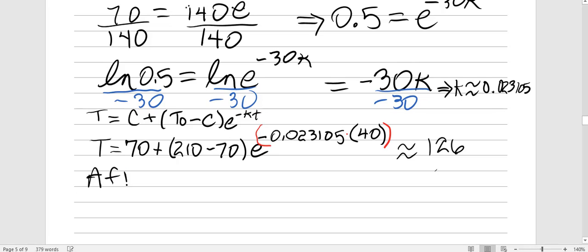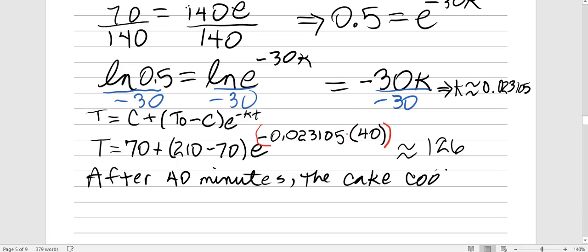So after 40 minutes, the cake cools to about 126 degrees Fahrenheit.